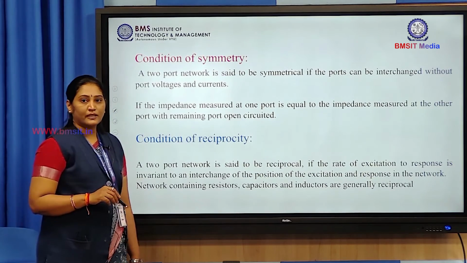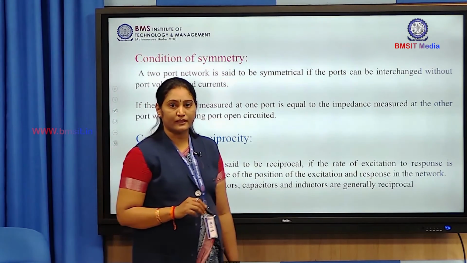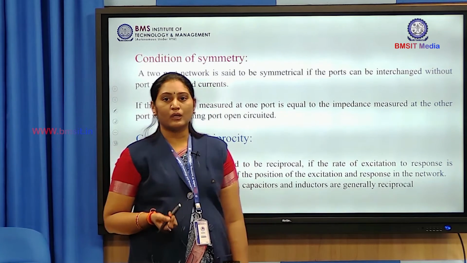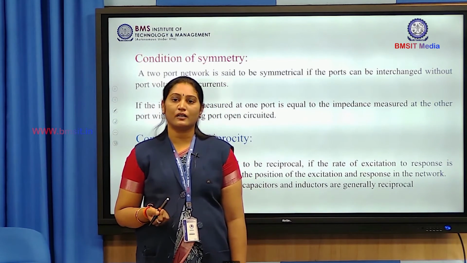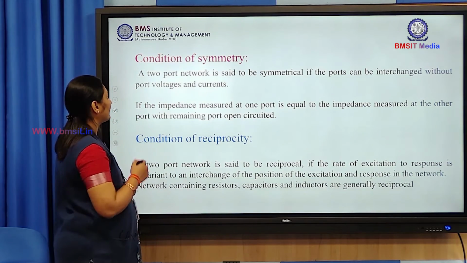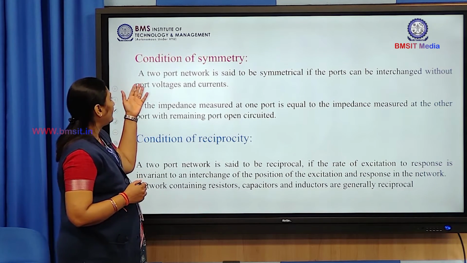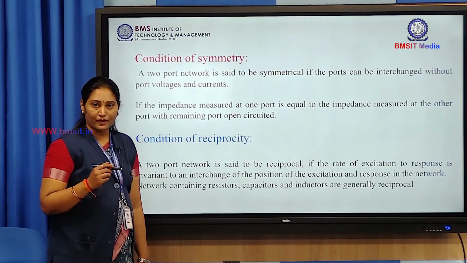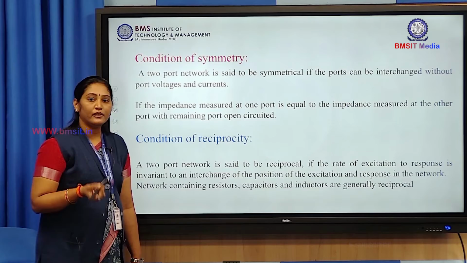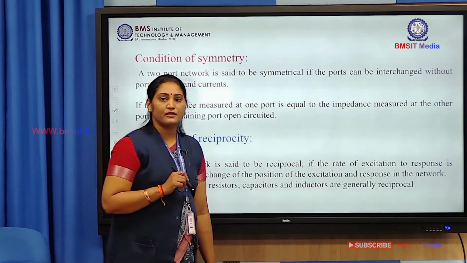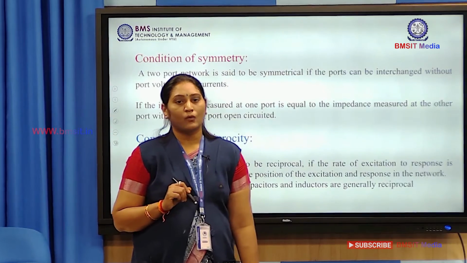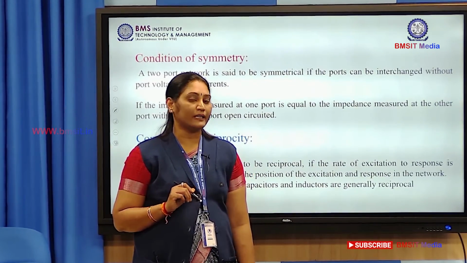Z parameters obey the symmetric property as well as the reciprocity property. So when can a network be called symmetric or reciprocal? A two port network is said to be symmetrical if the ports can be interchanged without changing the port voltages and currents.